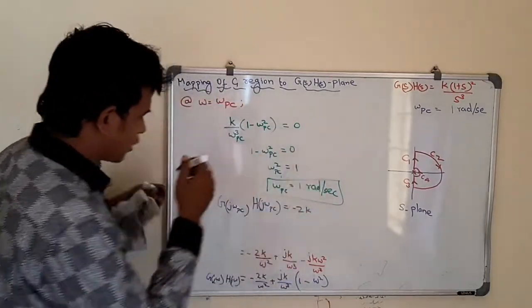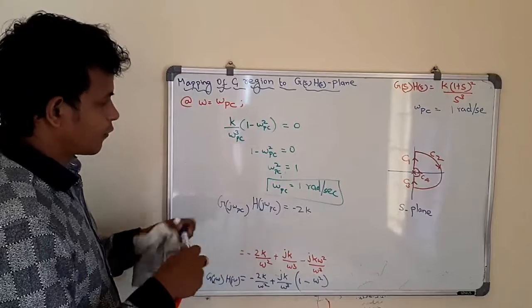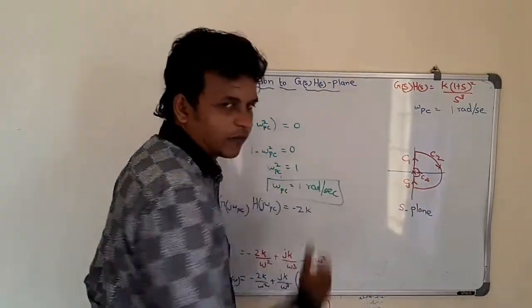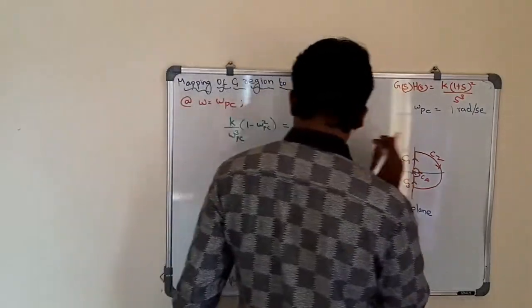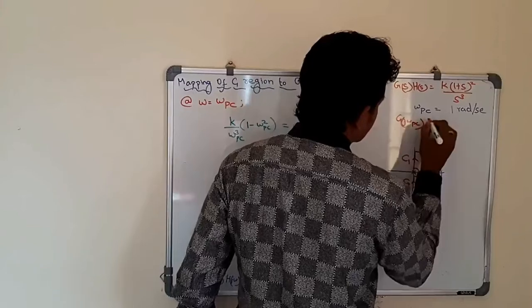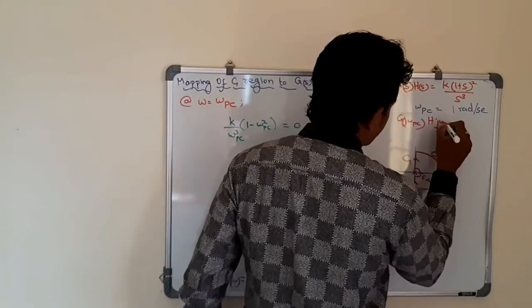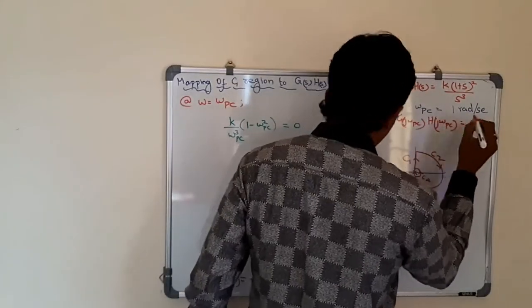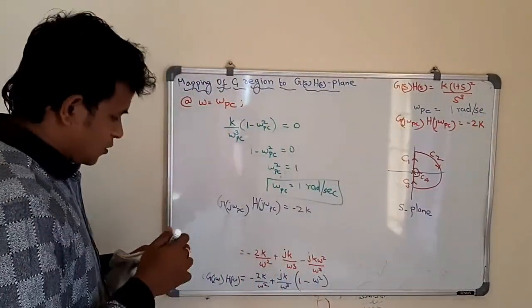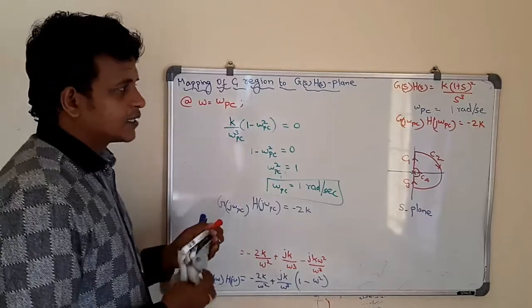I am making a note of this value also for future reference, because it will be highly useful to find the value of k after plotting the Nyquist plot completely. So g of j omega pc into h of j omega pc equals minus 2k. When the plot is crossing the real axis, I get these values.